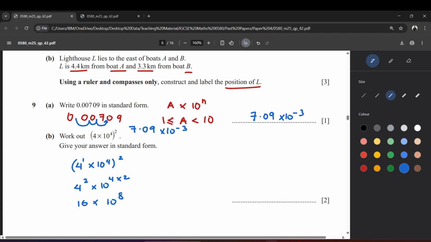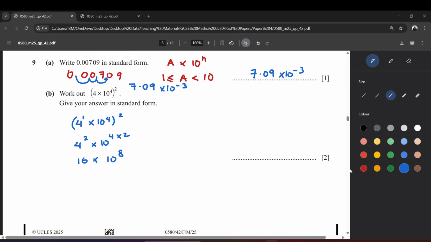Now, if you look over here, this is not in standard form because I just mentioned that your A should be less than 10. So that means this 16 can be written as 1.6 into 10, multiplied by 10 to the power of 8. Now the bases are the same, right?